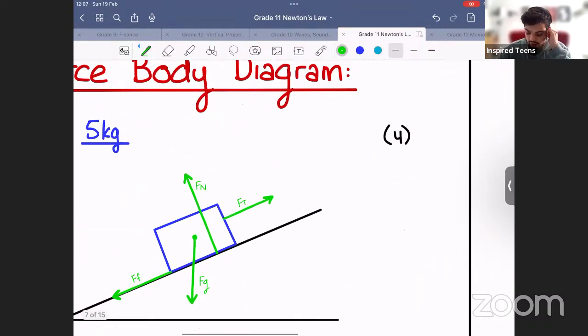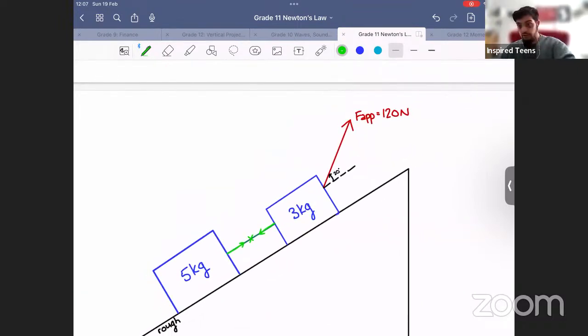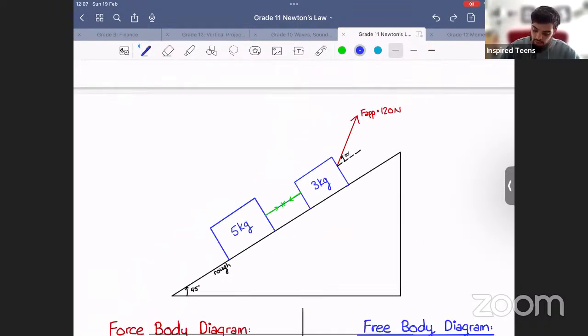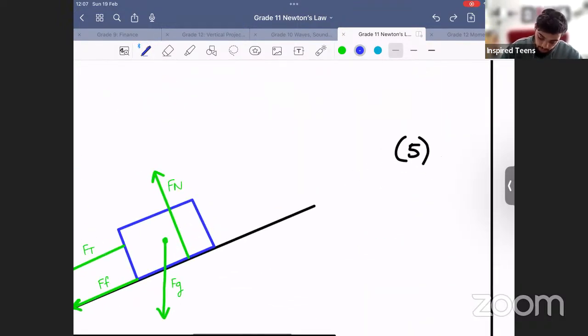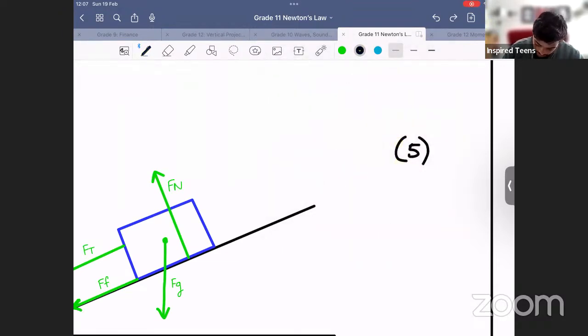Applied force. Now the applied force is not even up the slope. It's upright, but it's 20 degrees more up compared to up the slope. So for this one, we have to be a bit more specific and help ourselves by creating a small dotted line for the sake of creating the angle.